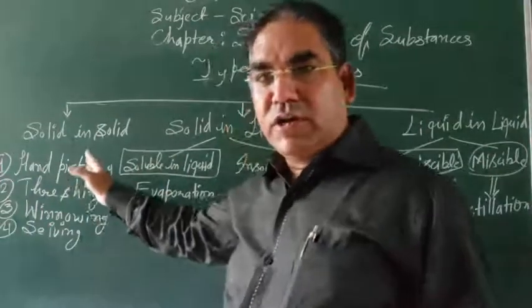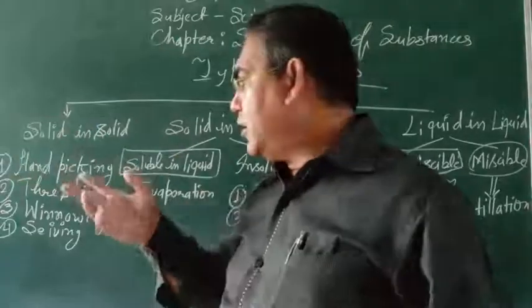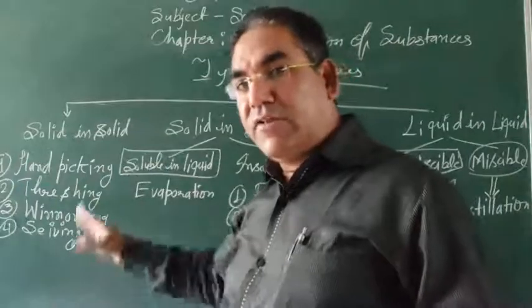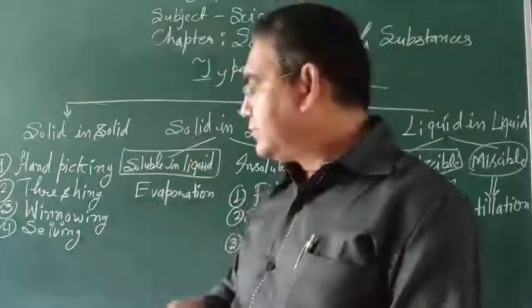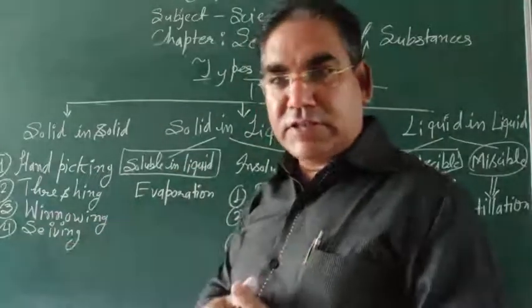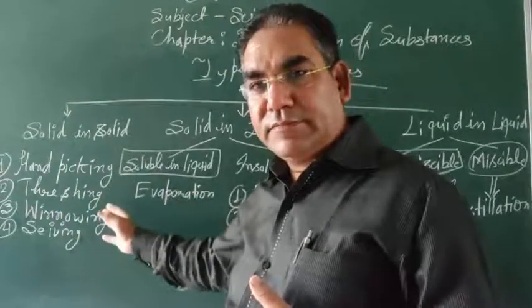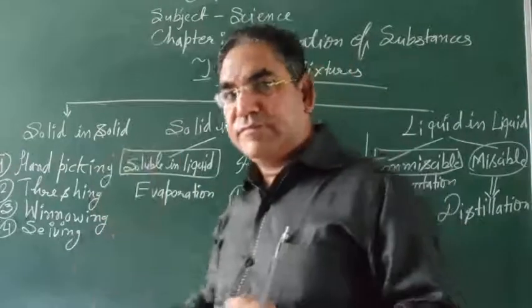Number one, solid in solid, hand picking method, picking out by hand. Second one, threshing and winnowing. These two methods are used in agriculture. Next one, sieving. So hand picking, threshing, winnowing and sieving.